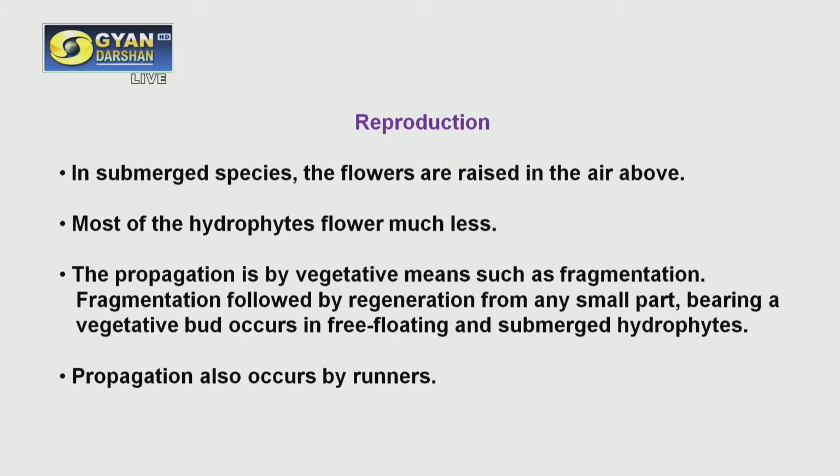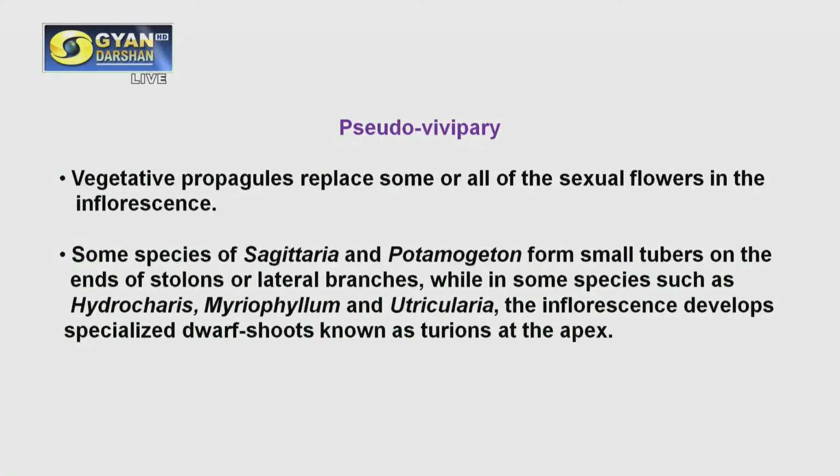That means any small part may break off from the parent plant, which has a vegetative bud, and then using that fragment, it regenerates. It develops into a new plant. So that is the common way of reproduction in the hydrophytes. That is vegetative propagation. They may even harbor certain vegetative propagules.